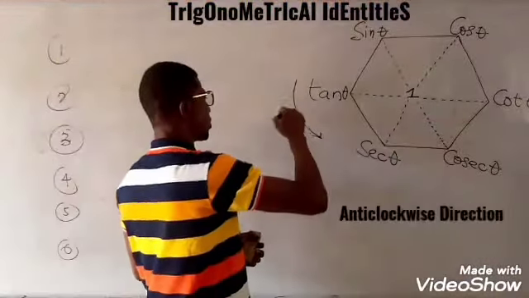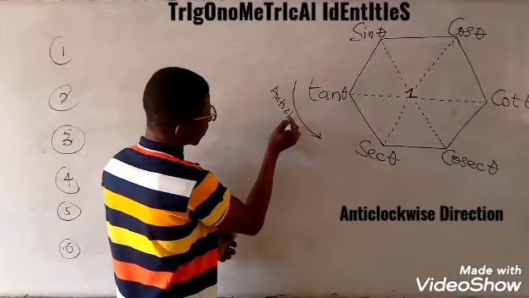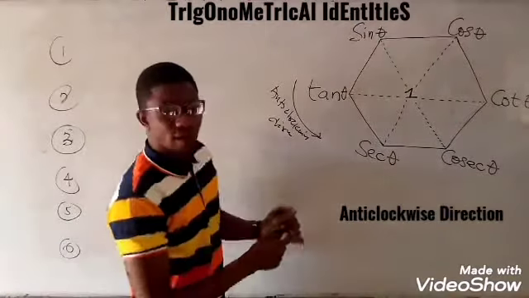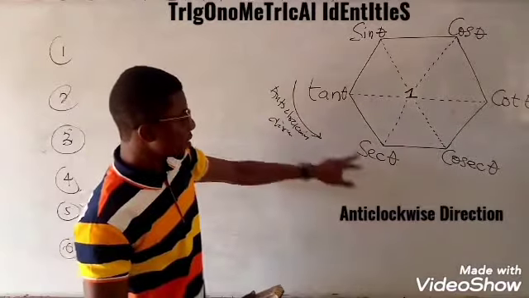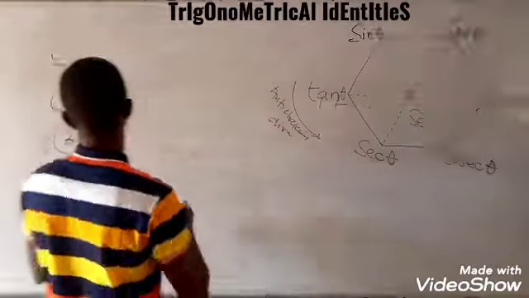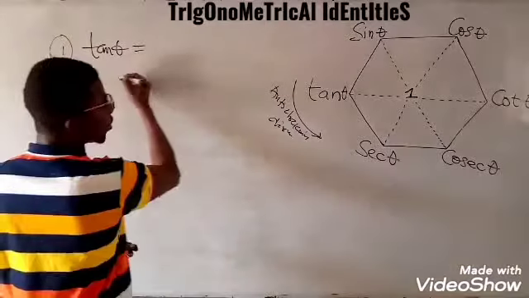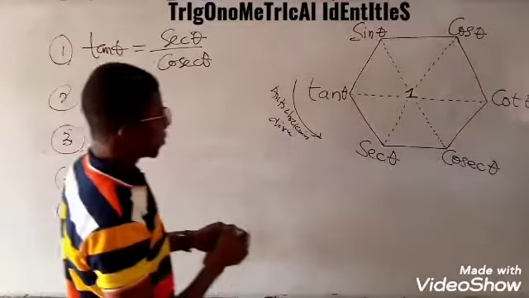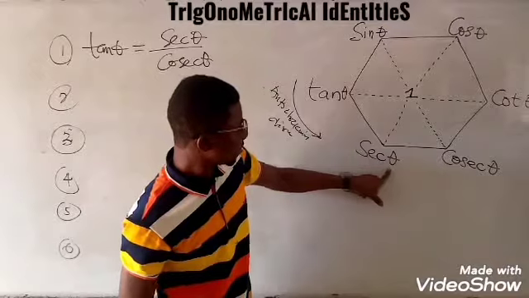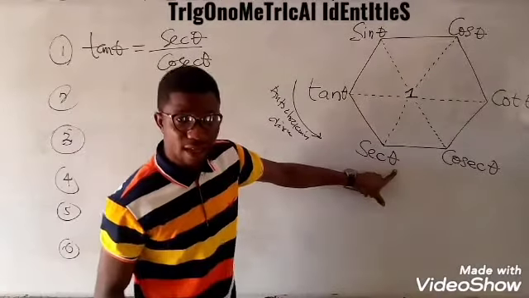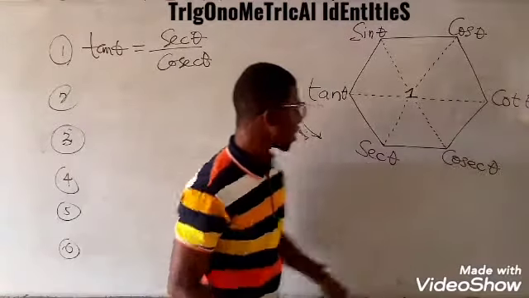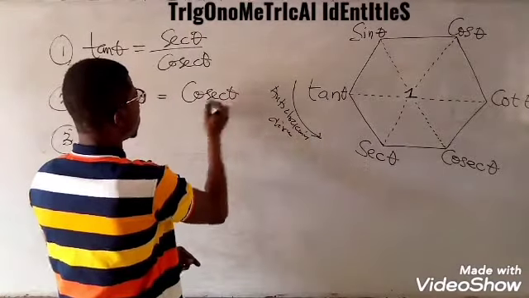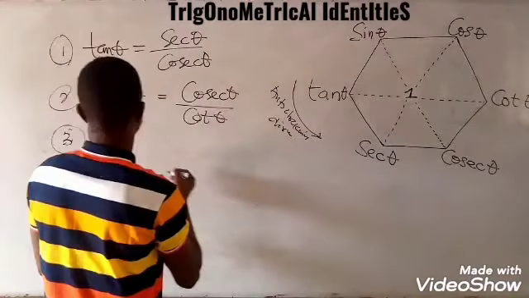In the anti-clockwise direction, tan theta equals sec theta divided by cosec theta. Now sec theta equals cosec theta divided by cot theta.